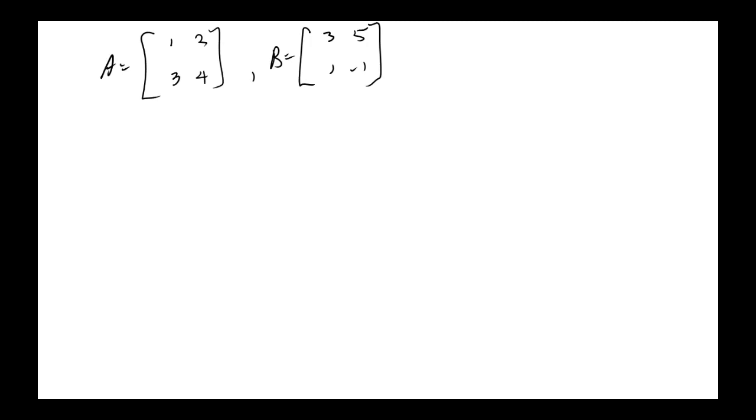The transpose of a matrix is formed by writing its rows as its columns.